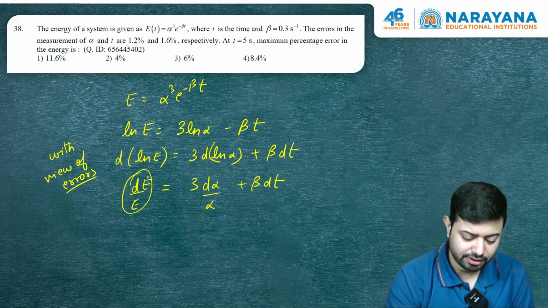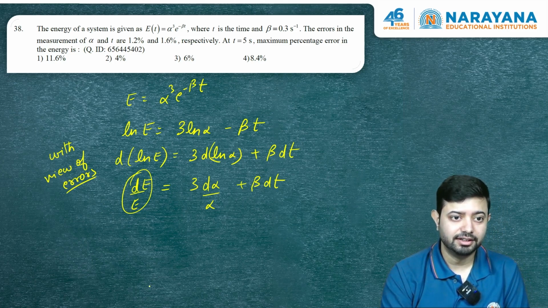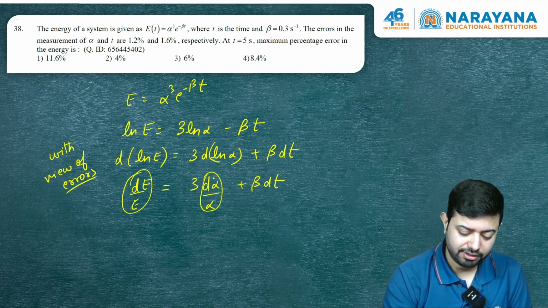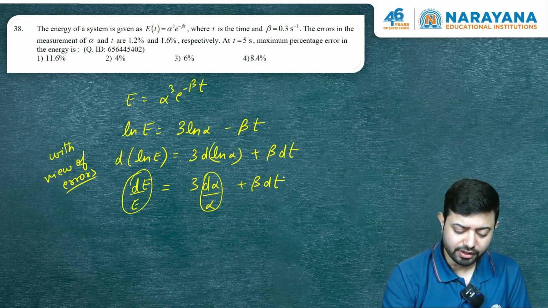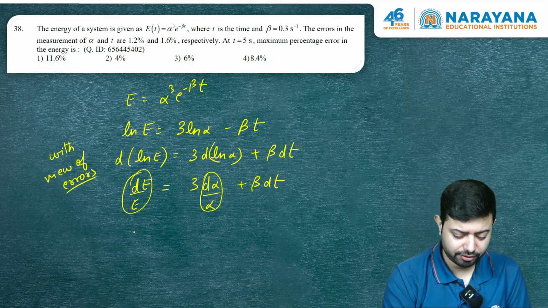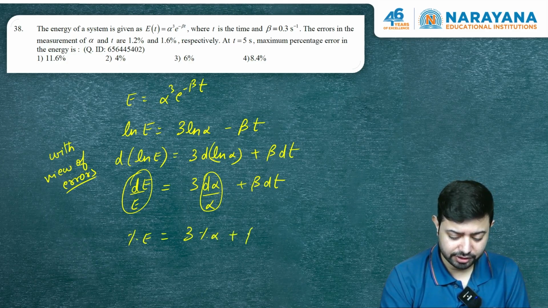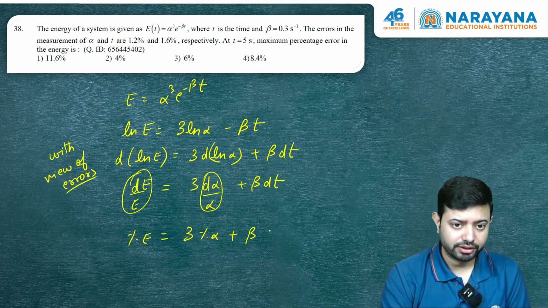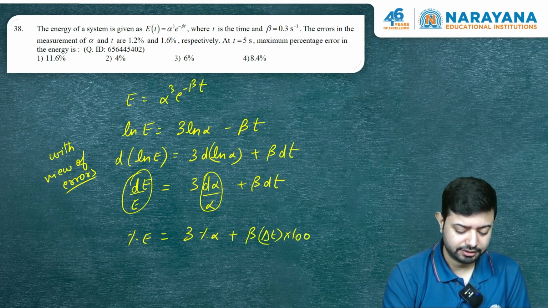If you multiply this by 100, that will be percentage error in E, and if you multiply this by 100, it will be percentage error in alpha. So, percentage error in E is equal to 3 times percentage error in alpha plus beta times dt, the error in t, multiplied by 100.